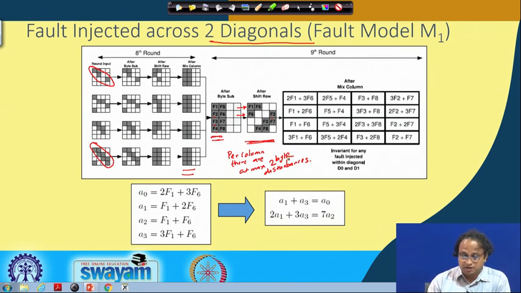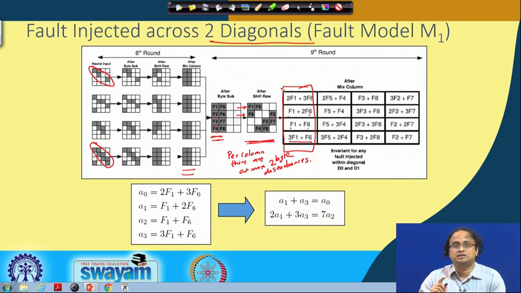So now if I apply the mix columns, I get 2f1 plus 3f6, f1 plus 2f6, f1 plus f6 and 3f1 plus f6. Okay. So that implies that, somewhat similar to the previous case, there is a similarity and there is a dissimilarity.